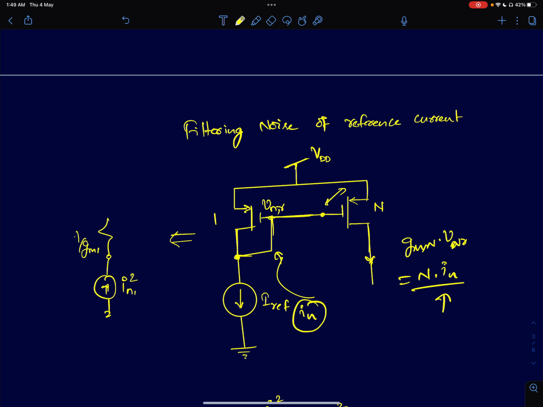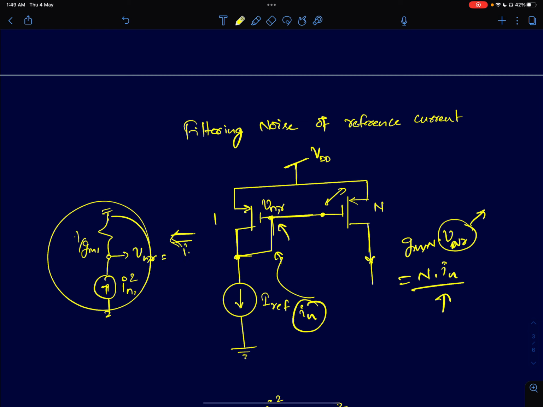Because GMN times VNR, where VNR is the noise voltage at this gate, is simply, if you look at this equivalent representation, I'm just representing the diode connected device as a resistor of value 1 by GM. So the noise voltage here is simply given by IN1 upon GM1.